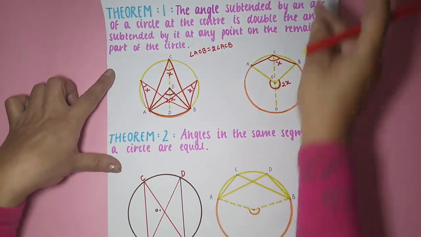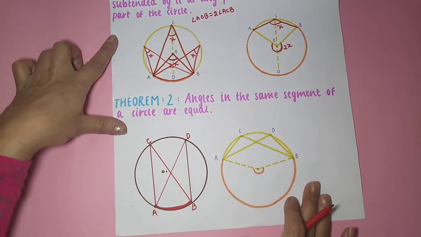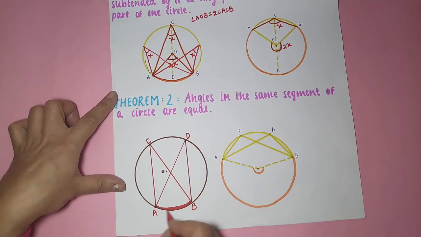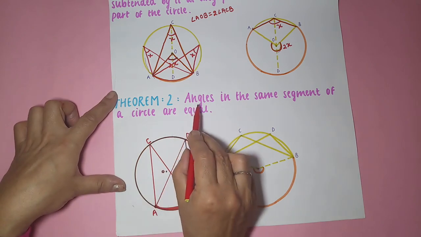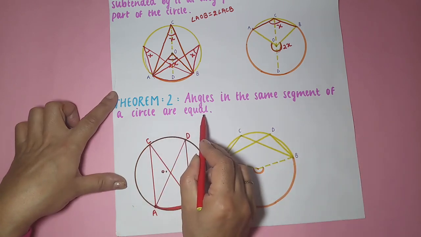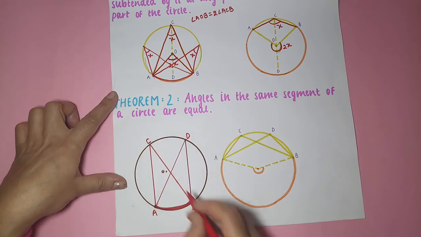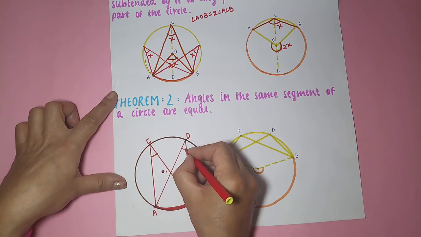Now see, our theorem 2 says that angles in the same segment, means arc, you can call it an arc also, angles in the same segment of a circle are equal, right? So if arc AB subtends angle ADB at the circumference and angle ACB at the circumference, both of these angles will be same.